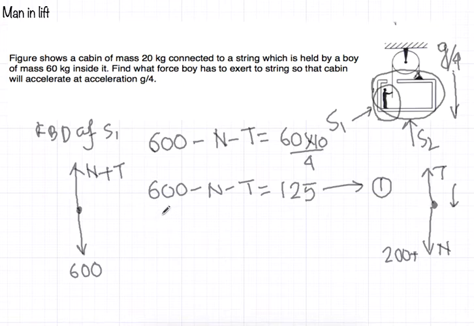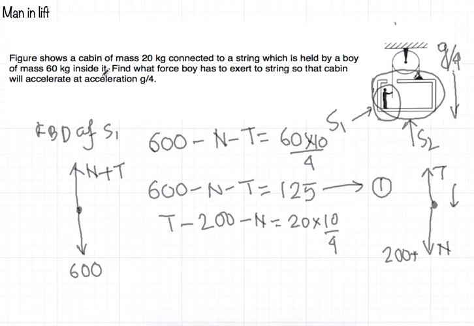So what we can write: T minus 200 minus N is equal to ma. ma means 20 into 10 by 4, because the acceleration is g by 4, and instead of g I am writing 10.